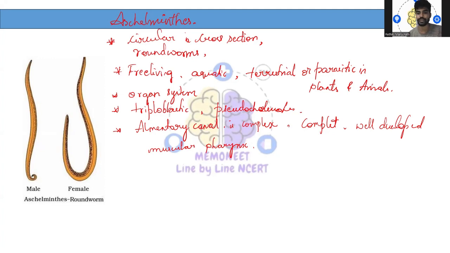An excretory tube is also there, which is going to remove the waste from the body, through the cavity, that is actually called the excretory pore.